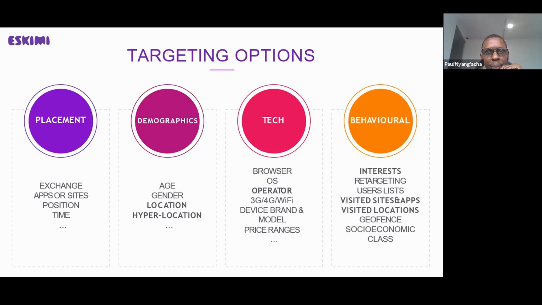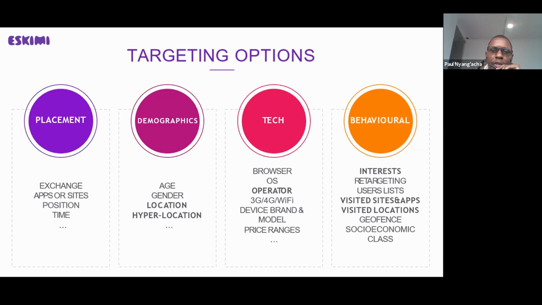So based on our DMP, I mentioned the targeting points. We can target based on the placement, that is the exchange, the ad size, position, and time. We can also target based on the demographics, age, gender, location, hyperlocal. We can target based on the technology, the browser, the OS, operator, is it 3G, 4G, or Wi-Fi?